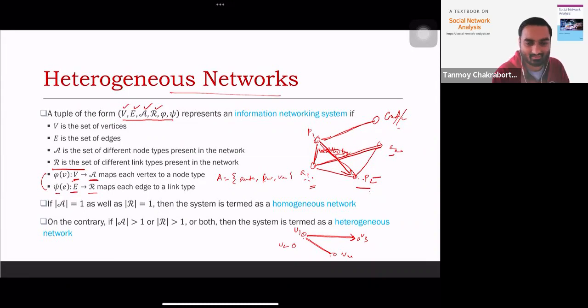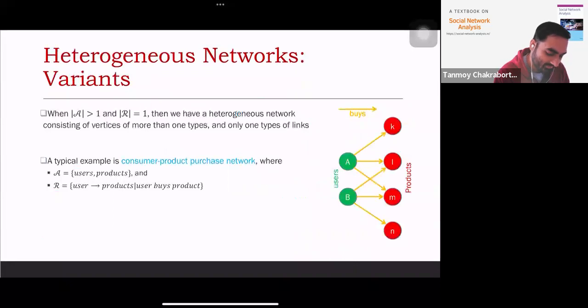This was discussed a long time back. You are basically giving it a different wrap altogether. But no, this is exactly the same. Anyway, in a heterogeneous network, you can have different types of nodes and different types of relations or edges: either homogeneous, node heterogeneous, edge heterogeneous, or both.